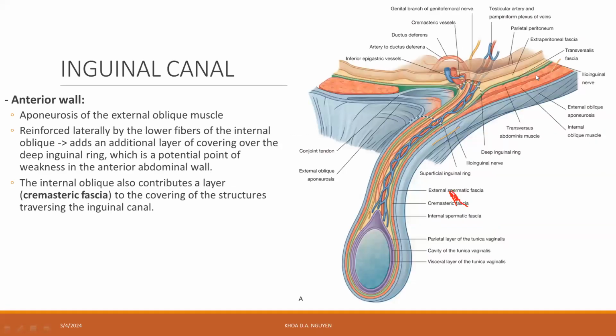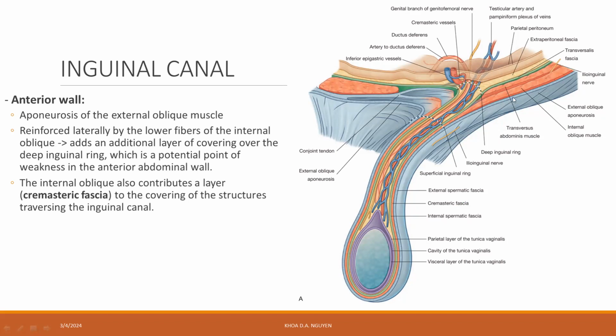All right, so now let's talk about the walls of the inguinal canal. The inguinal canal has an anterior wall, and that anterior wall is this structure right here. The anterior wall is formed by the aponeurosis of the external oblique muscle, the external oblique over here. And it's going to be reinforced laterally by the fibers of the internal oblique.